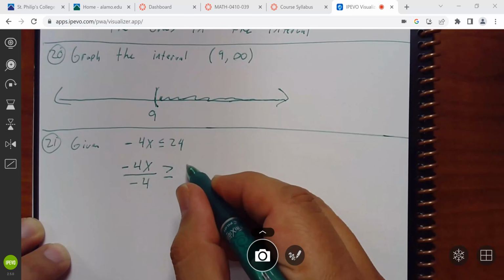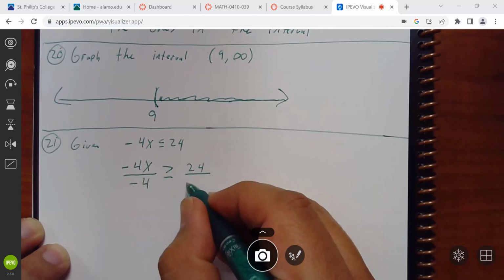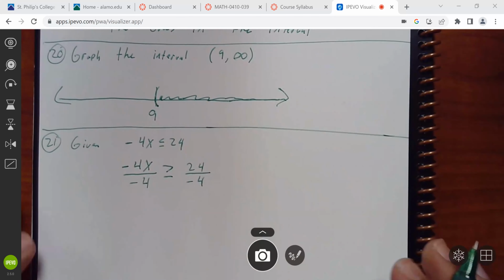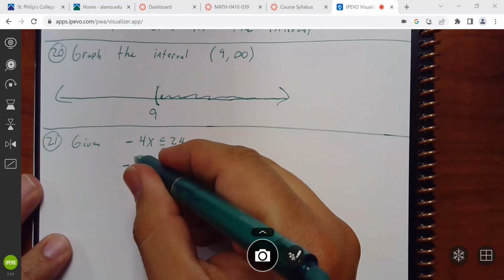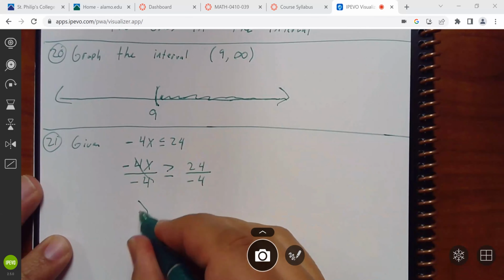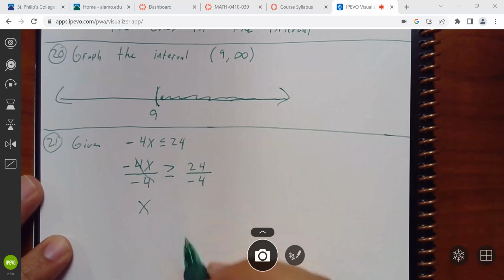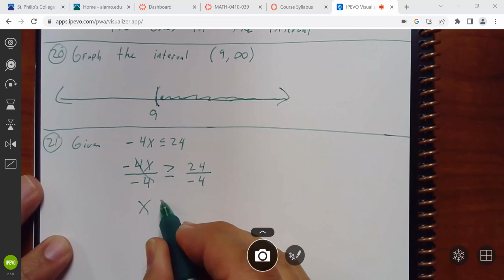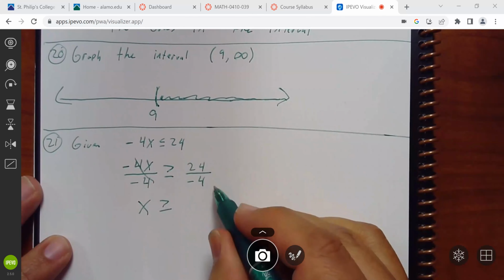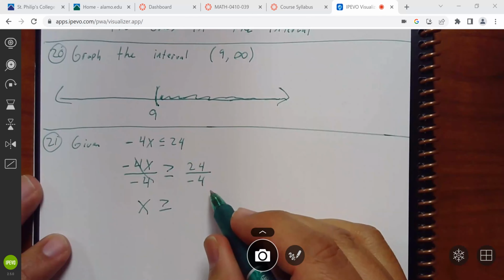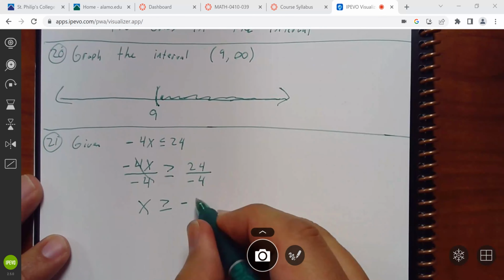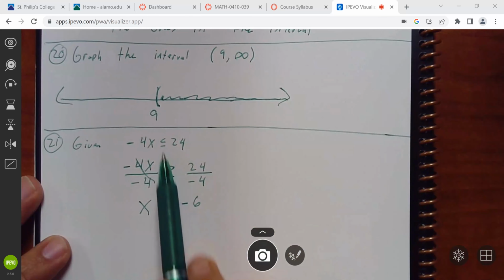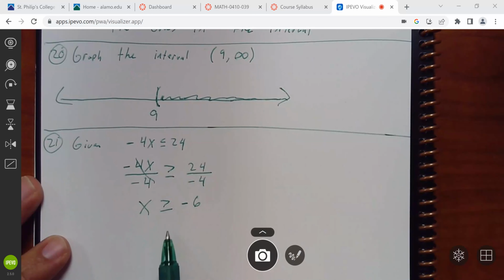Divide by -4. Negative, right? And the symbol switches because we divided by a negative. Interval and graph.